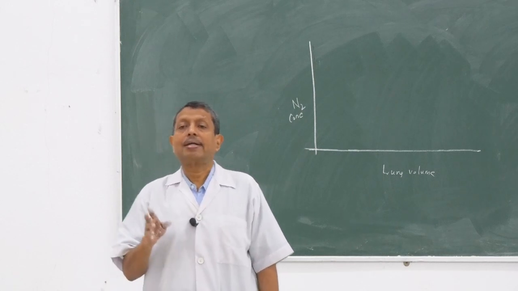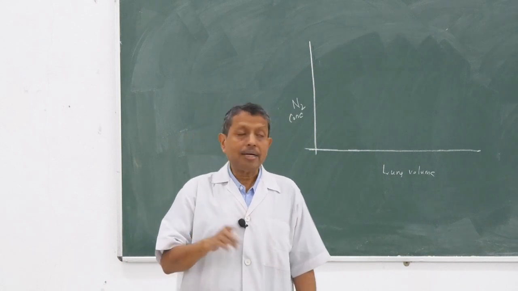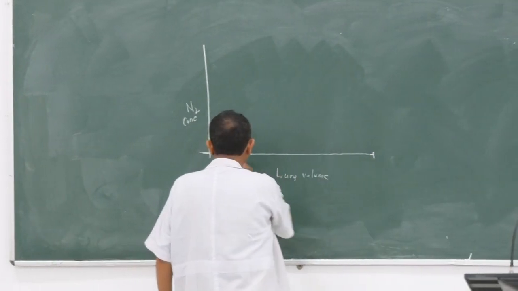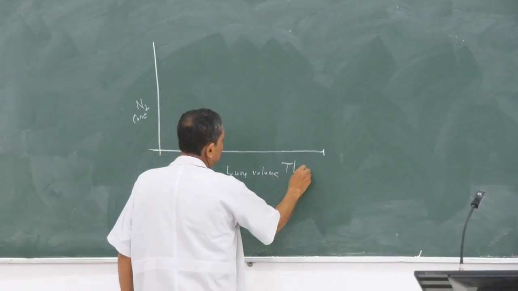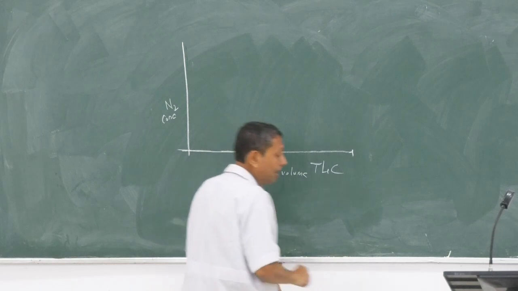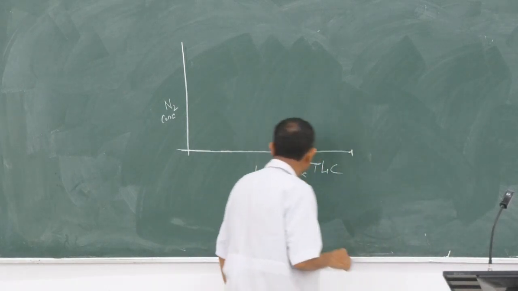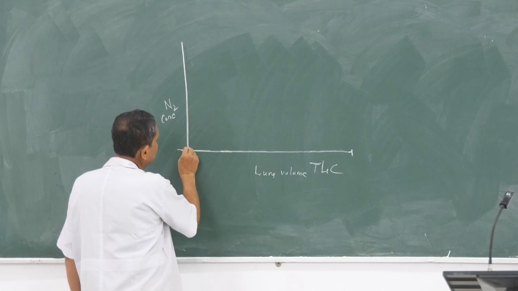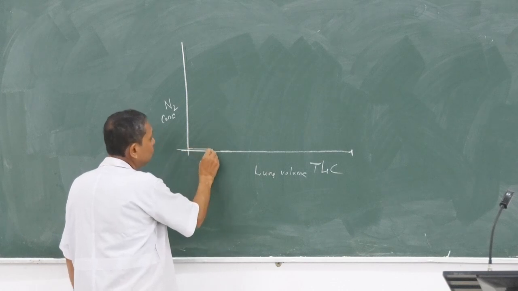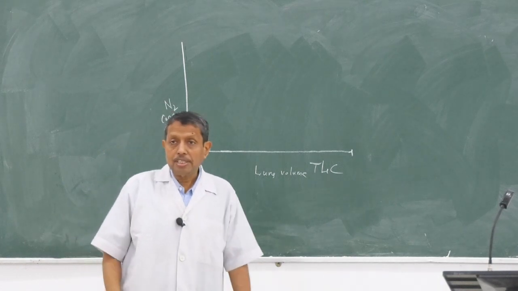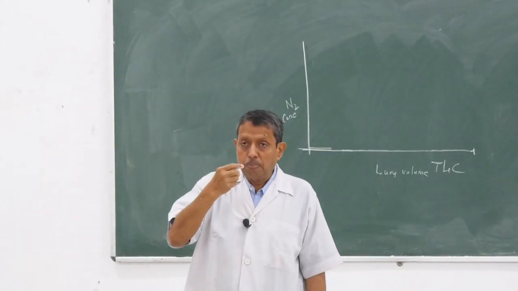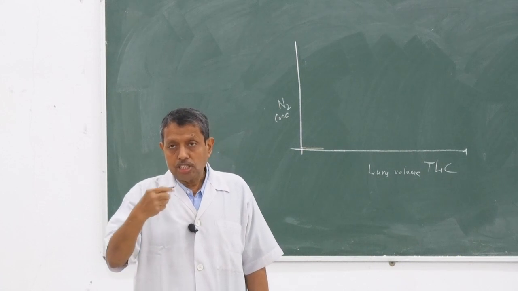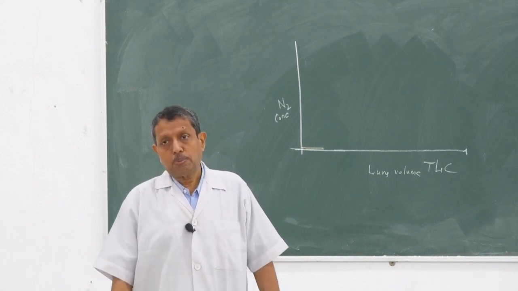So the initial part, suppose the lung volume total is the total lung capacity. At the initial part there is no nitrogen. If we take pure oxygen, then begin to exhale, the initial part is coming from the dead space.